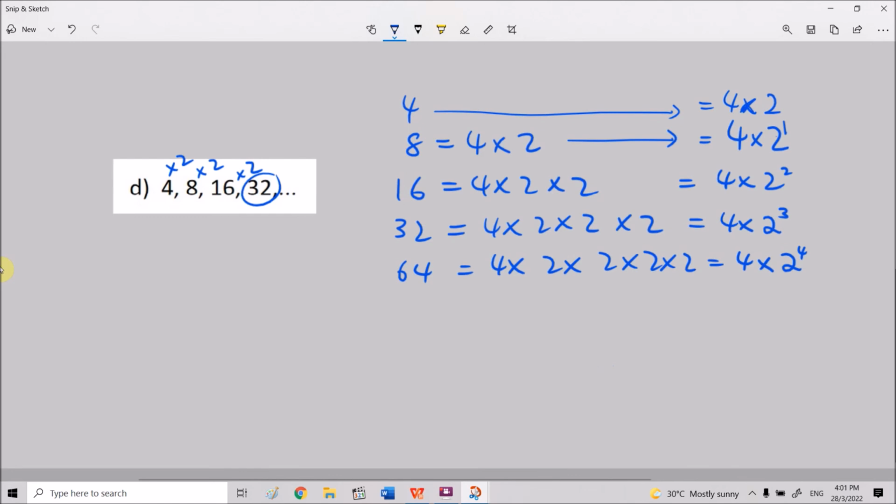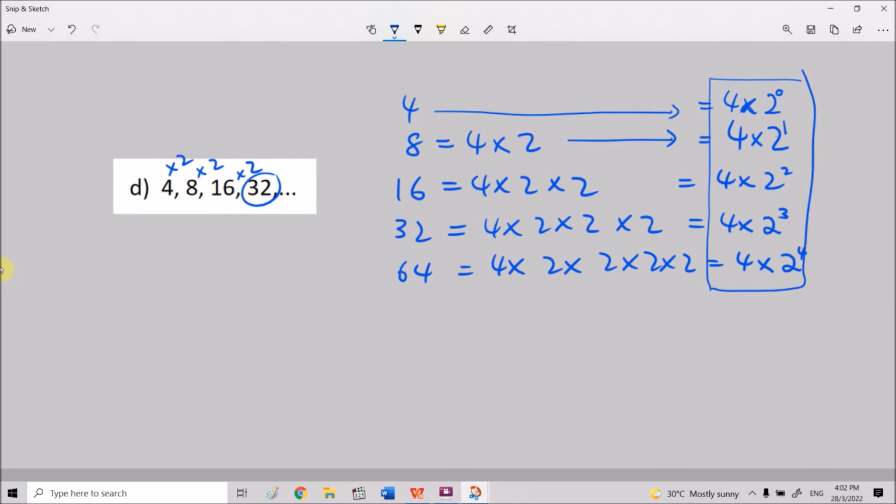Hence, this is 2 to the power of 1, and the last one here is 2 to the power of 0, because 2 to the power of 0 is 1. Any number to the power of 0 is always 1. So if this is 1, 4 times 1 you get 4. But we need to write it in this way because we want to show the sequence in this form.